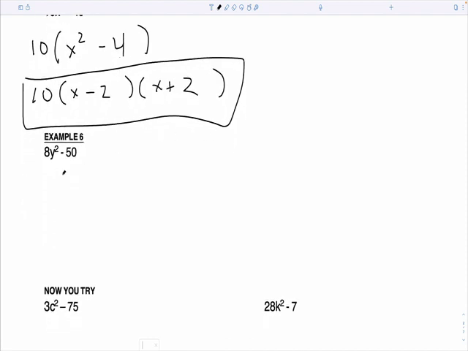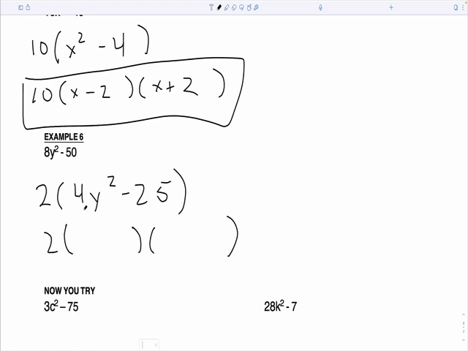8y squared minus 50. Give me a number that I can factor out that fits into 8 and 50. What is my GCF, Kieran? Probably. Let's see. 4y squared minus 25. That's correct. So let's split that into 2. 4y squared minus 25. What times what is 4y squared?